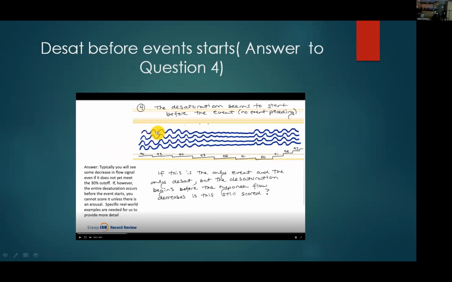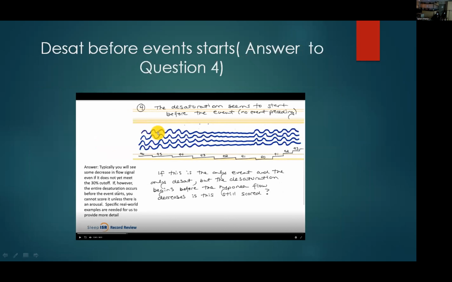They say typically the desaturation and the reduction match, but sometimes the picture is not clear. Sometimes you see a reduction but not 30% to count. There will be some kind of reduction when the desaturation starts. So typically you will see some decrease in the flow signal even if it does not yet meet the 30% cutoff.